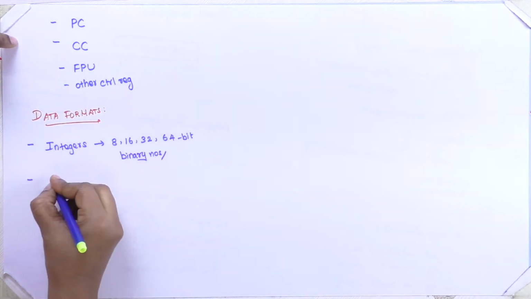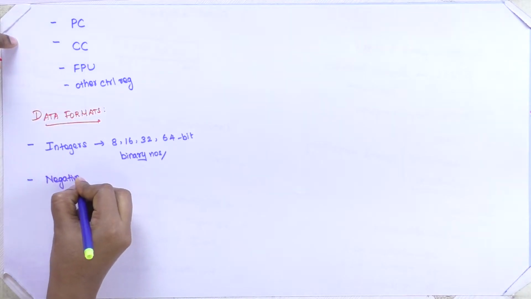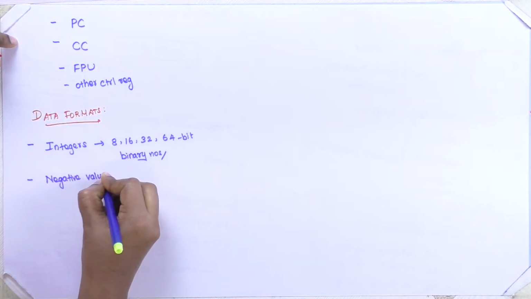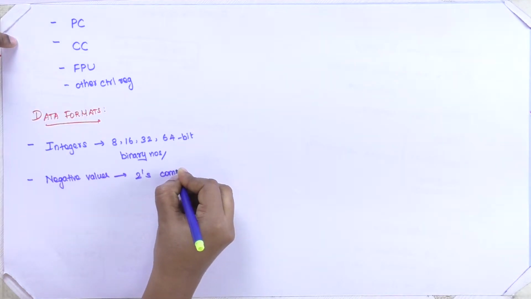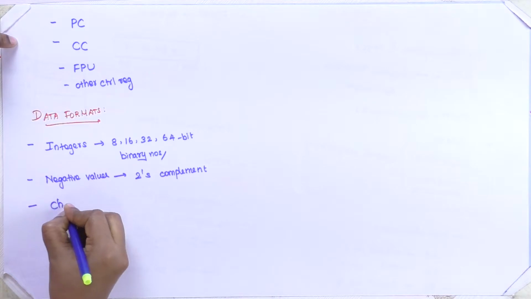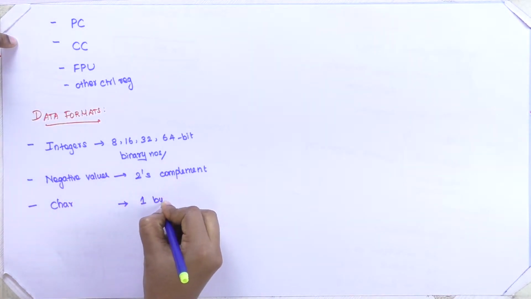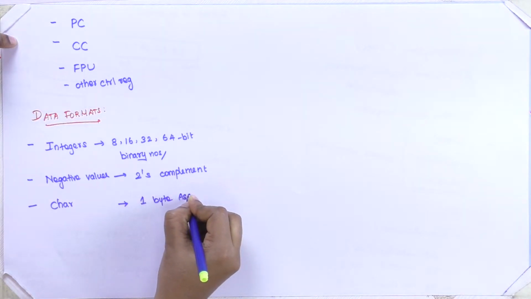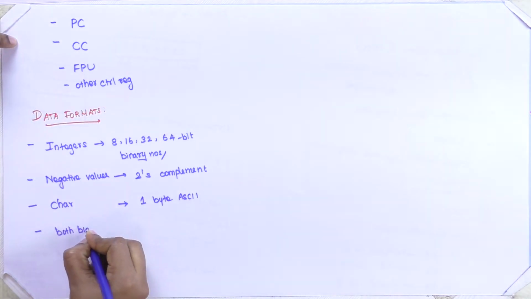For storing negative values, we will use the 2's complement method. Character is stored in 1 byte ASCII code. It supports both Big Endian and Little Endian ordering.